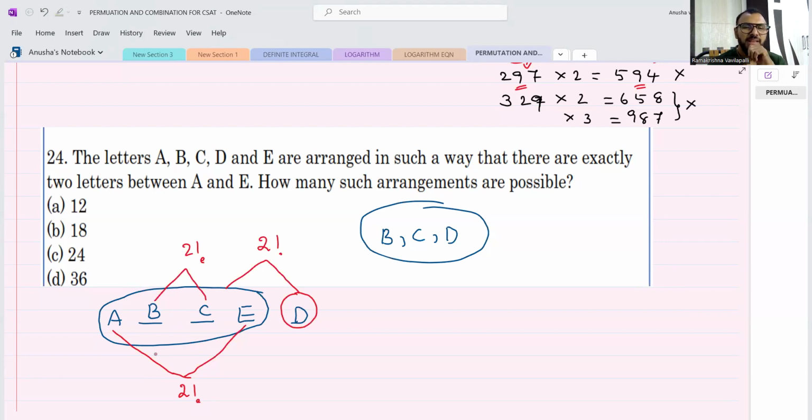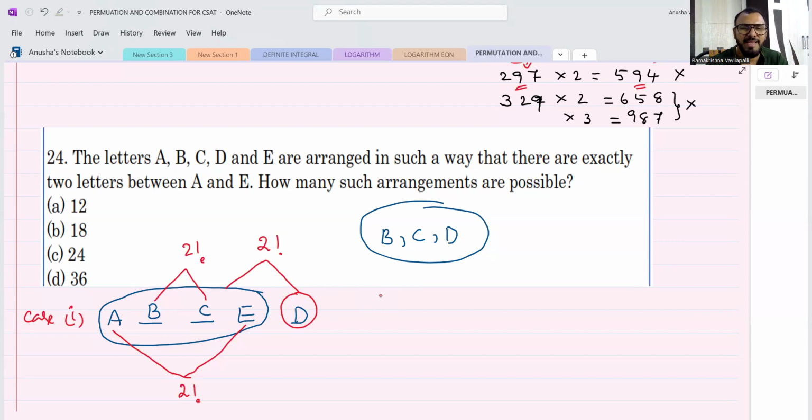This is case one. Now B and C can be arranged in two factorial ways, BC or CB. And these two objects can further be arranged in two factorial ways: first D, next the four letters, or first the four letters, next D.